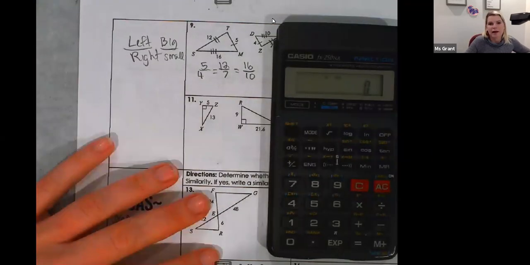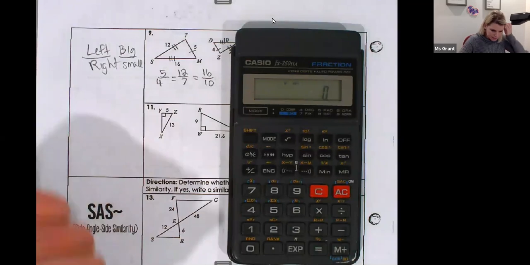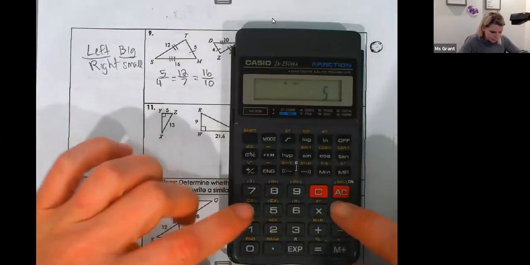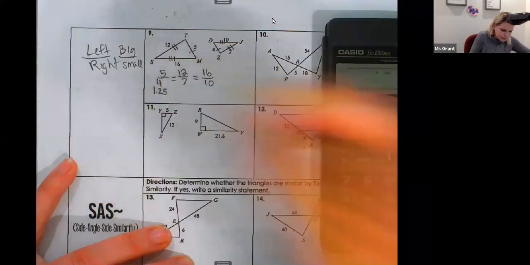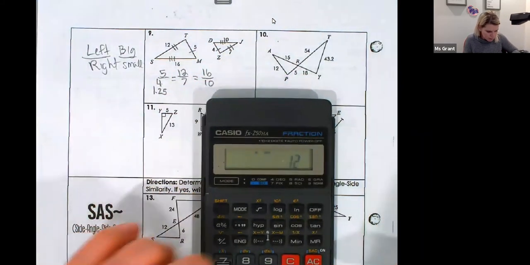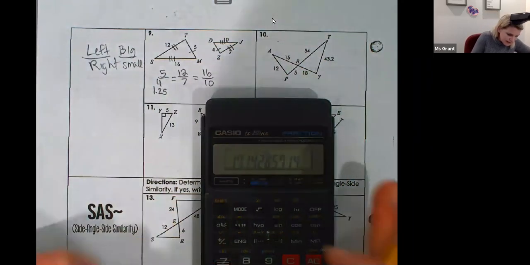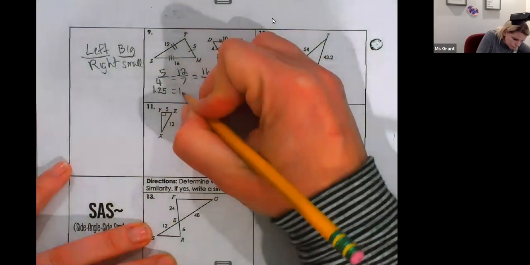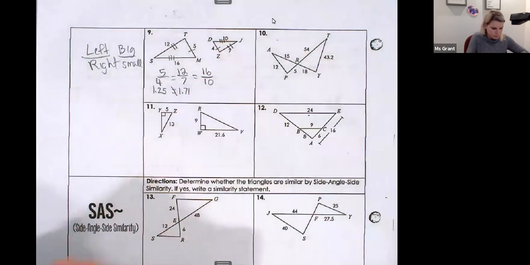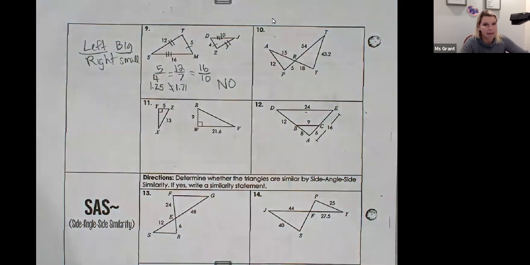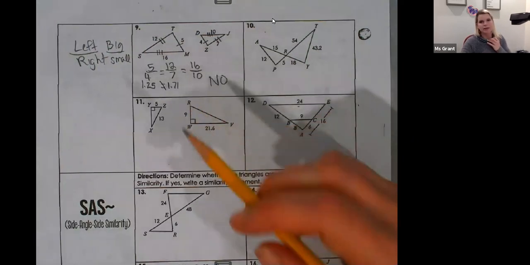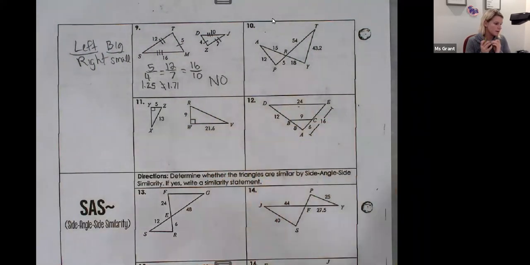The best way to figure this out is to divide and see what decimal it becomes. 5 divided by 4, 1.25. That's 5/4. What's 12 over 7? 12 divided by 7, 1.71. Uh-oh. No, it's not equal. So already now I can tell, no, it's not similar. Not by side, side, side, not by anything. The proportions make decimals. Those decimals, as you can see, they're not similar. They're not the same.